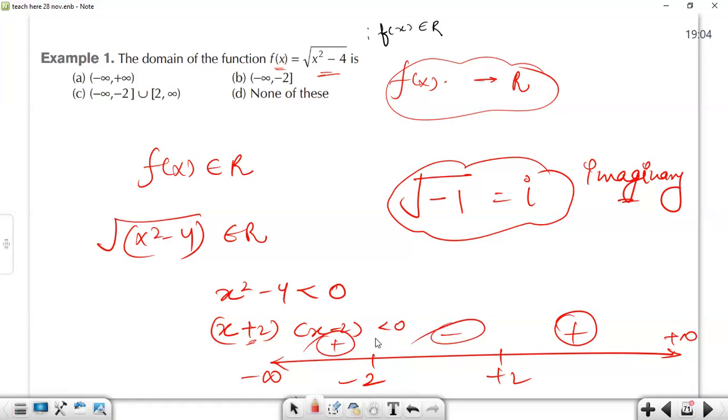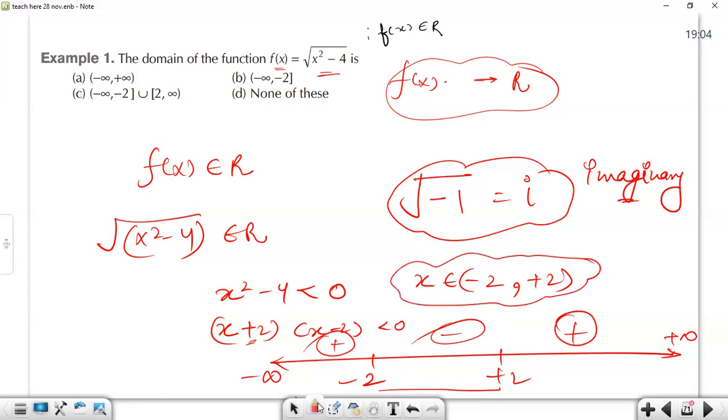So now we require the values of x where the function is negative. So for x being from minus 2 to plus 2, where minus 2 and plus 2 are excluded, for all the values of x in between minus 2 and plus 2, the function is assuming its negative value. So we have to ignore these values.